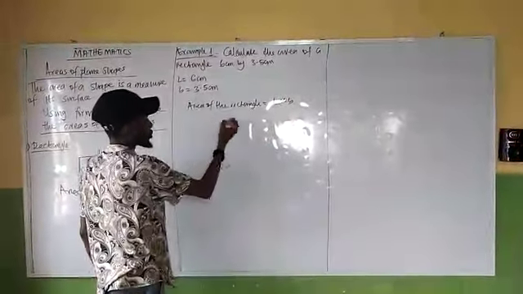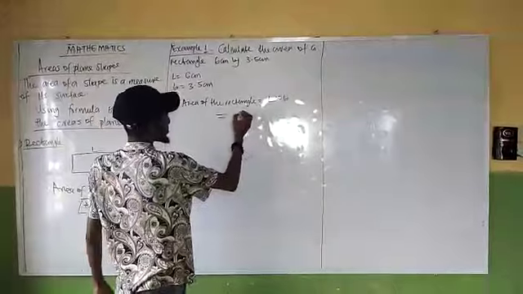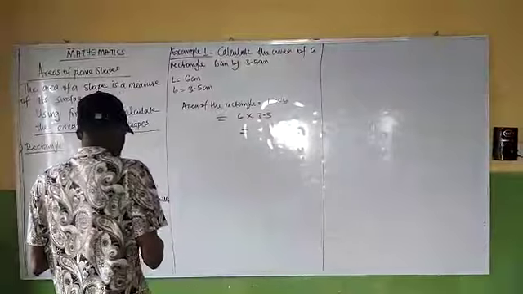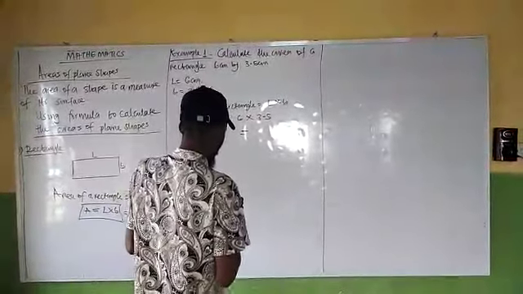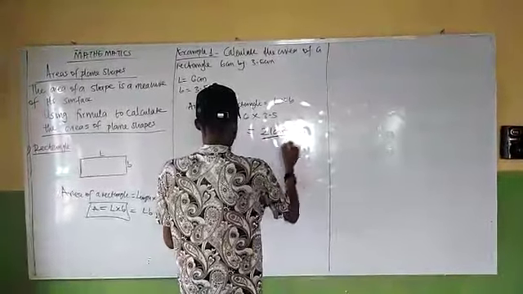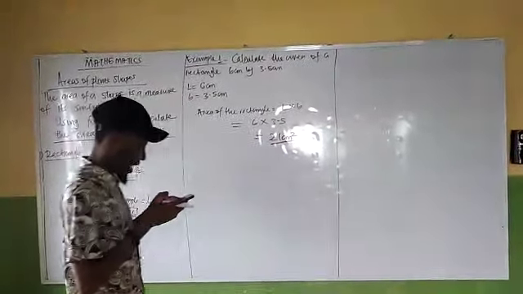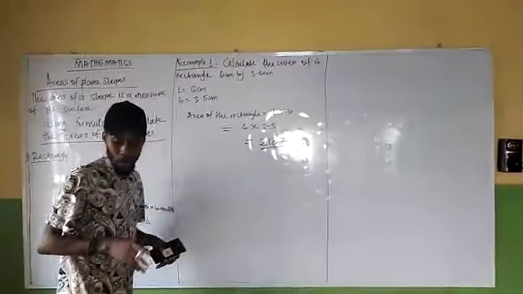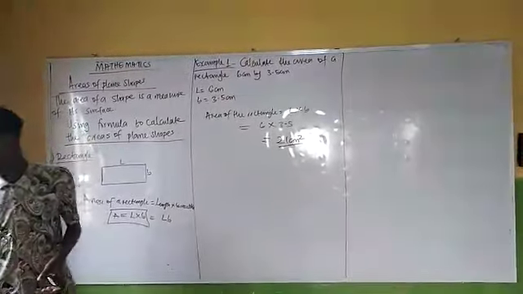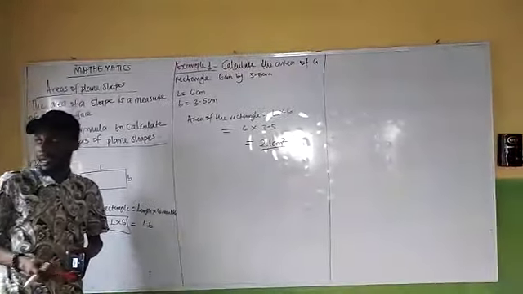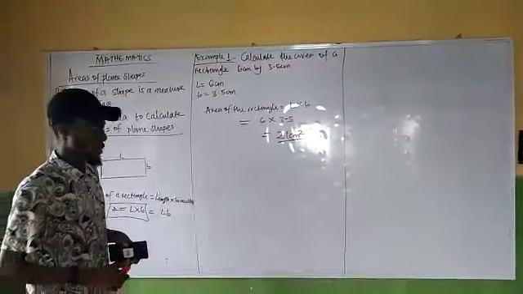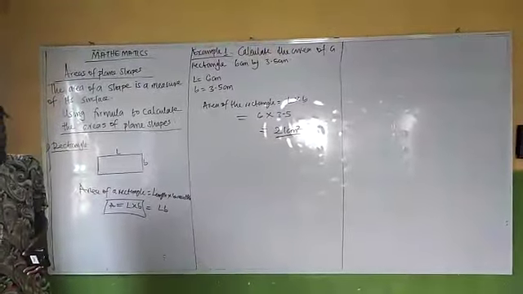You substitute, so it becomes 6 multiplied by 3.5, and whatever you get is your answer. 6 multiplied by 3.5 gives you 21 centimeter square. Remember, area is always measured in either meter square or centimeter square. Please take note of that.